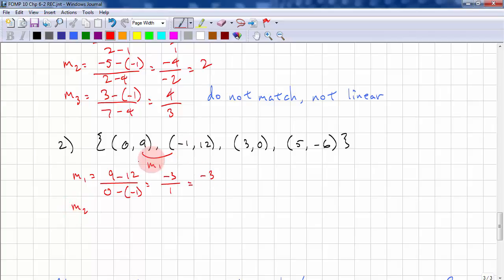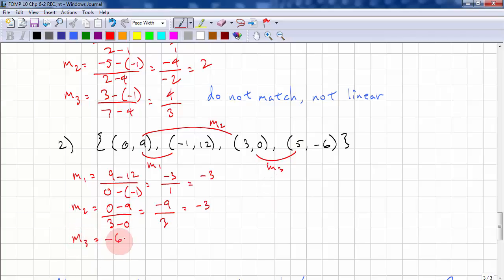M2. We're going to look at this as M2. So we have 0 minus 9 and 3 minus 0. This is negative 9 over 3, and we have negative 3 again. So we continue on to check the last one, and we can check these two, M3.